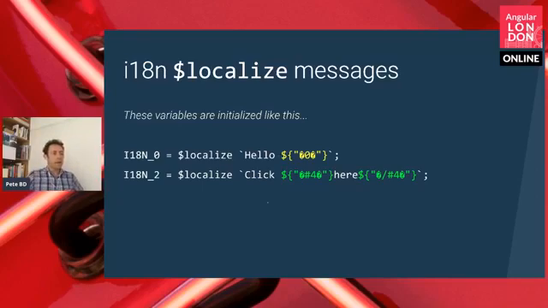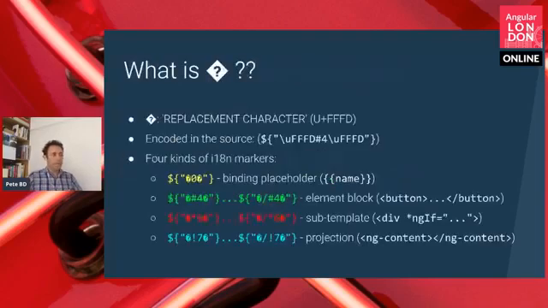They can be single markers like this one, or they can be a start and an end marker like this one to show a block. This funny, weird character is actually a proper Unicode character. It's called the replacement character. We just chose it because it had a cool name, and it is unlikely to be used by anyone else.